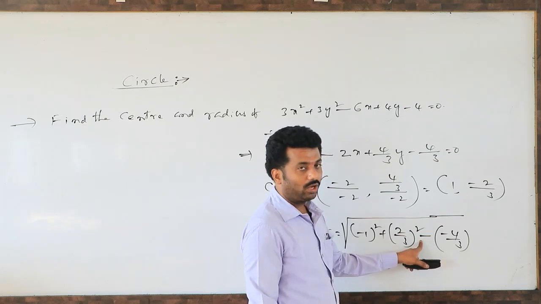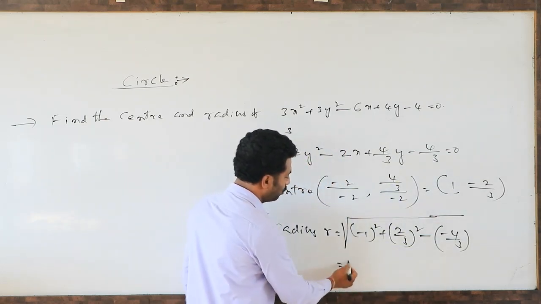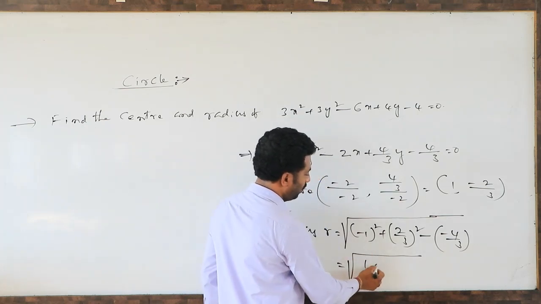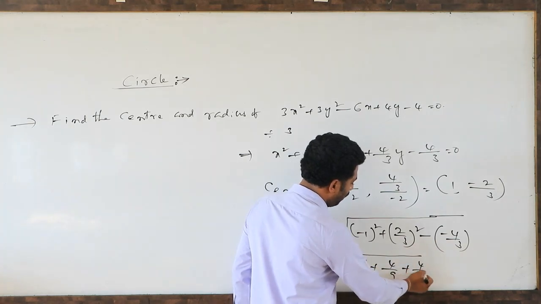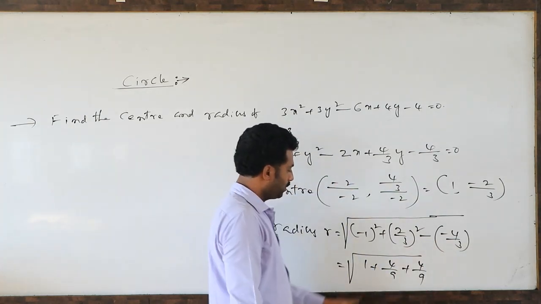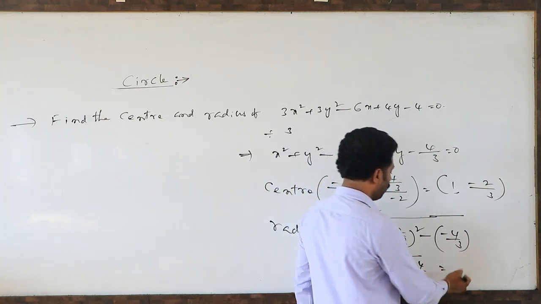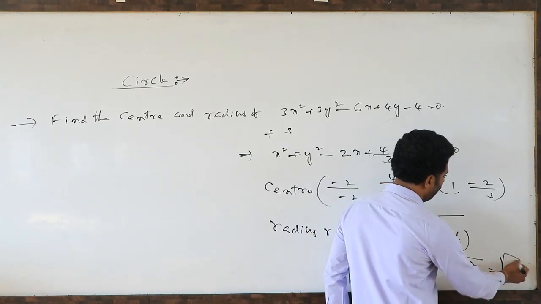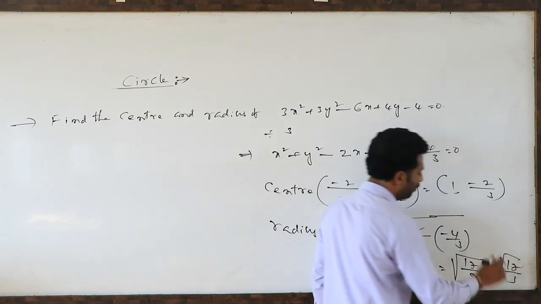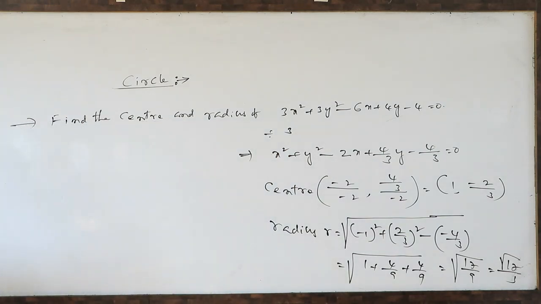Already, according to the formula, a minus is there, so it becomes plus 4 by 3. So this is 1 plus 4 by 9 plus 4 by 3.